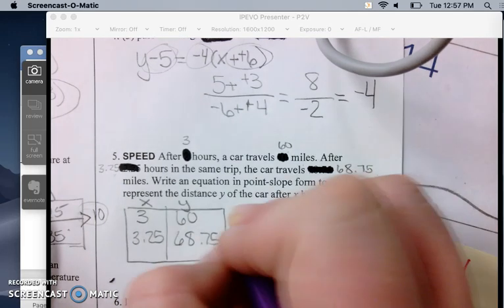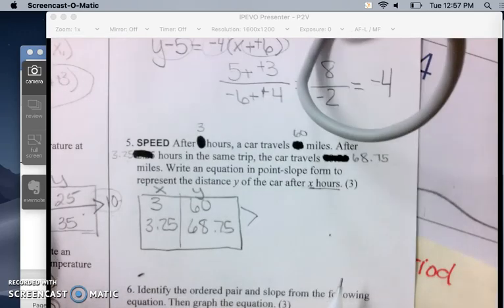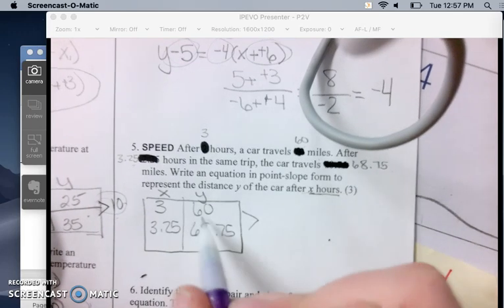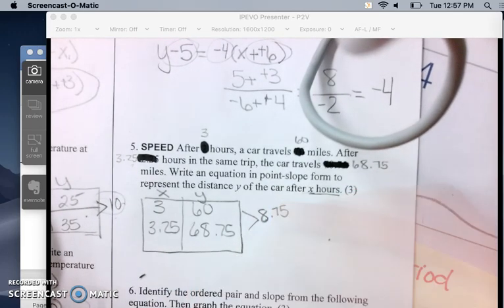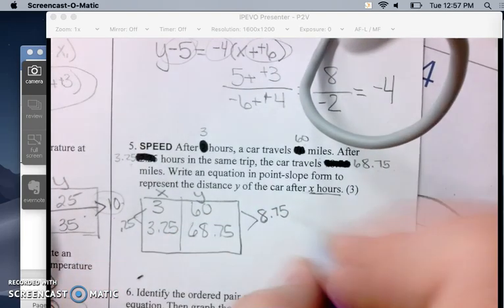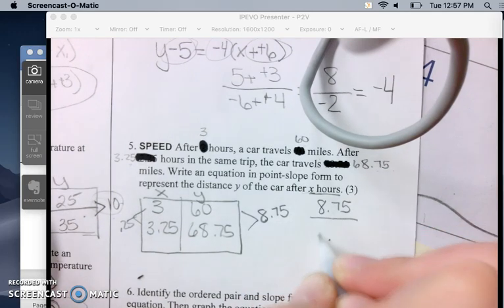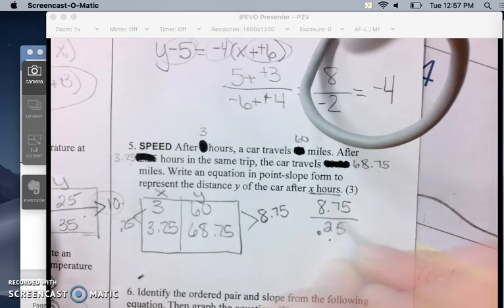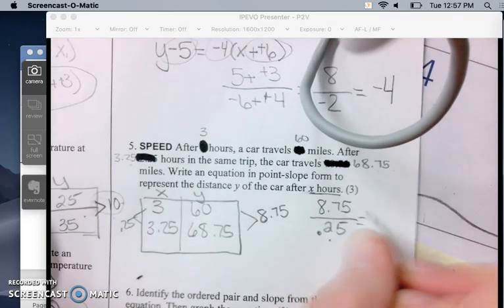And then you could just do the same thing you did over here with finding that rate of change. Here I'm adding 8.75. Here I'm adding 0.25. So my change of y would be 8.75 divided by 0.25, which would give me 35.